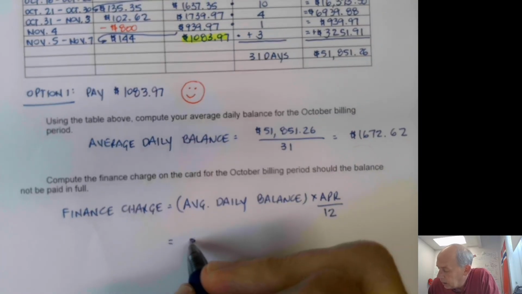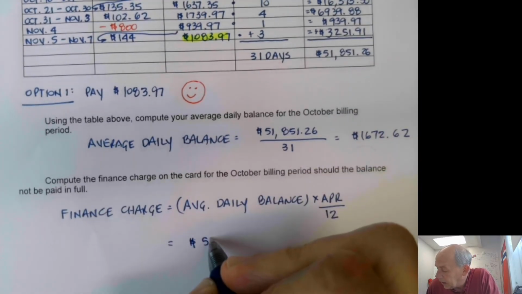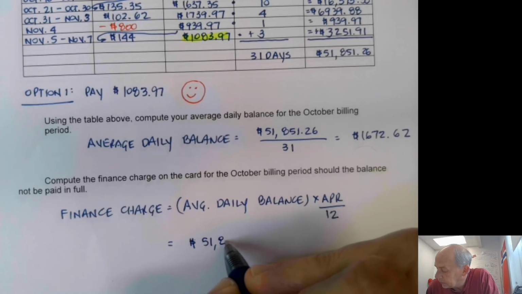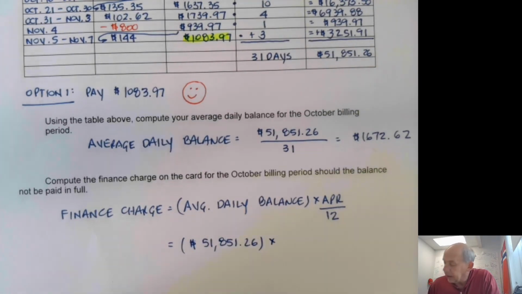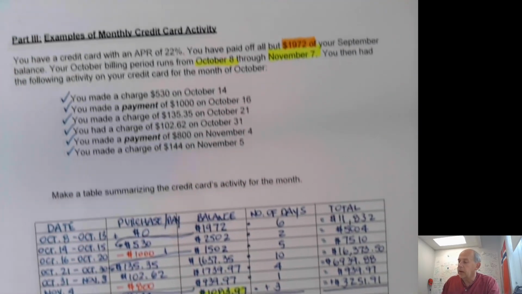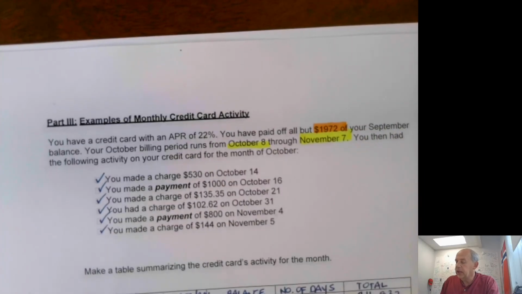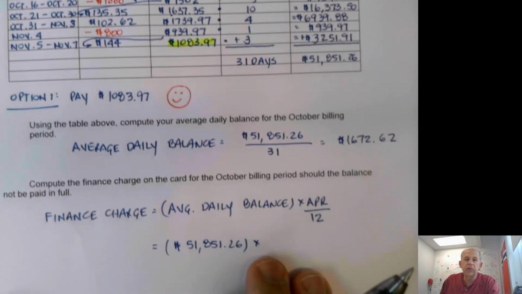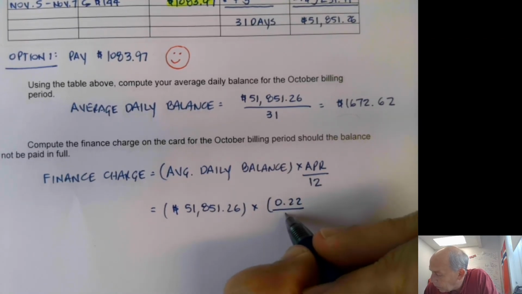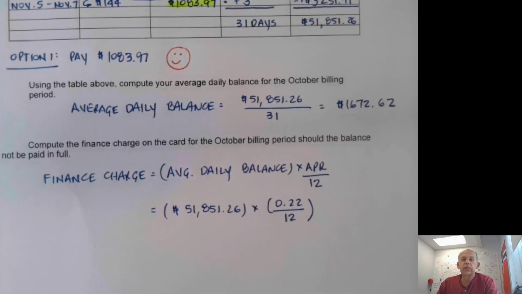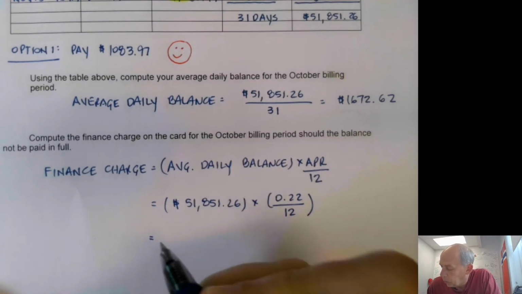year. So I have my average daily balance multiplied by my APR. Now, my APR is way back up here at the beginning of the problem, the annual percent rate at 22%. And we're going to divide it by 12, like I said, for 1 month.